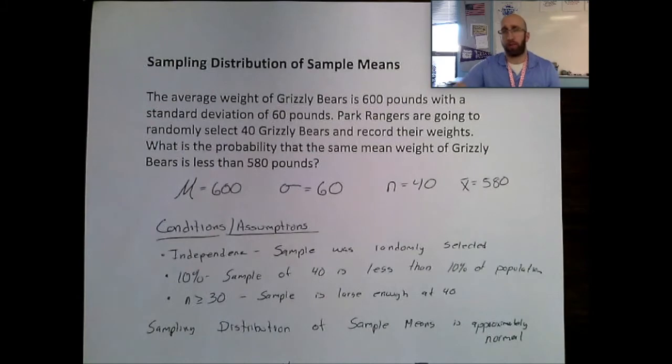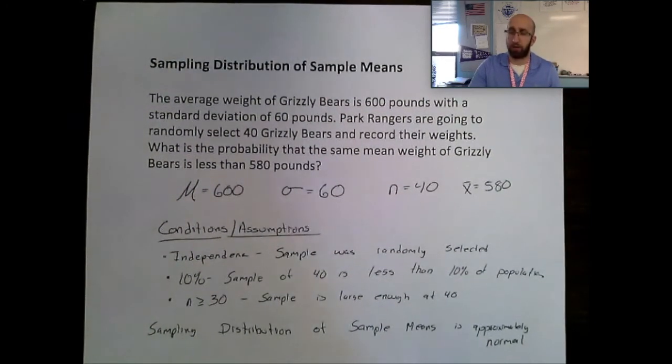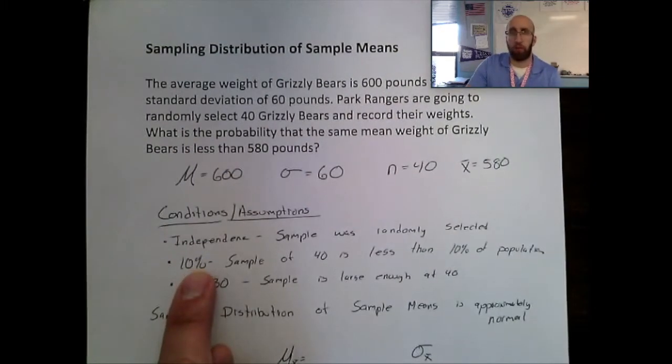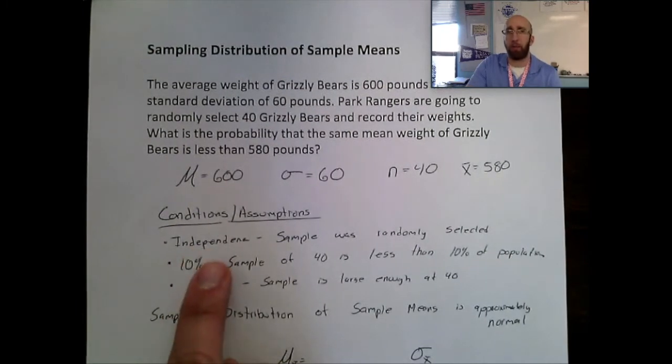The three conditions for a sample mean problem are independence, the 10% condition, and n is greater than or equal to 30. To check independence, what we hope to see is that our sample was randomly selected. Looking back at the problem, it did mention that the sample of 40 was randomly selected. The 10% condition makes sure our sample is not too big, which helps with independence.